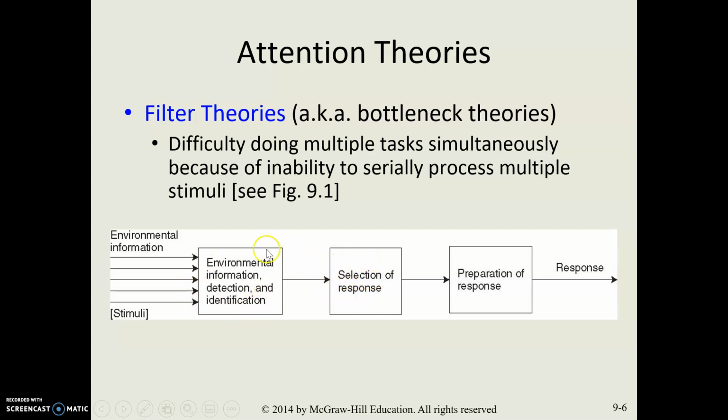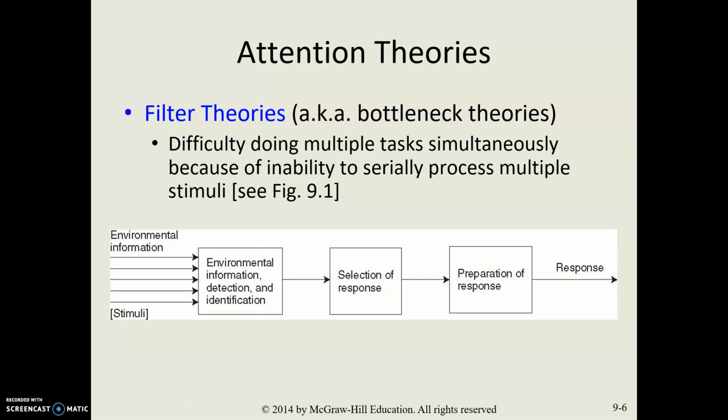So lots of different stimuli are vying for our attention, and we can only attend to one piece of information at any one time. We select the response, we prepare to do the response, and then we respond. And then we begin all over again. Several stimuli vie for our attention, we select one response, and we do that response.